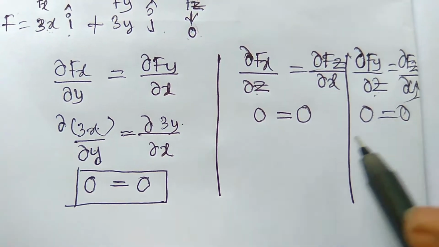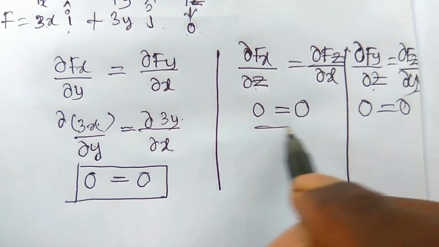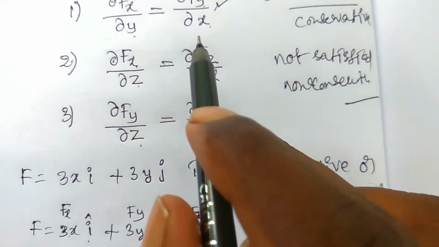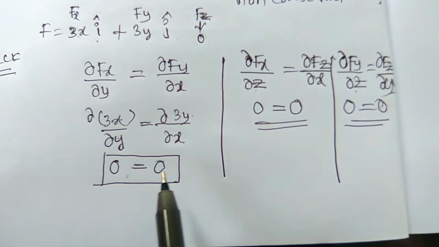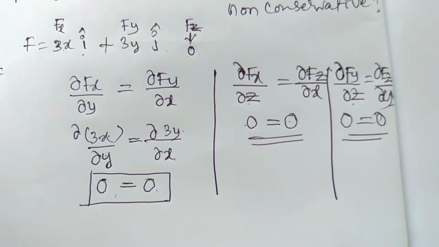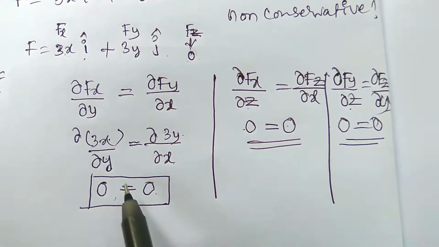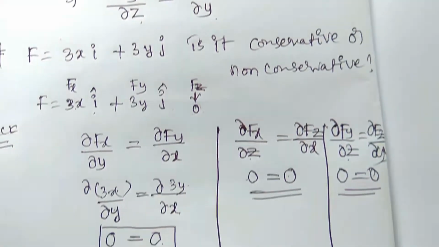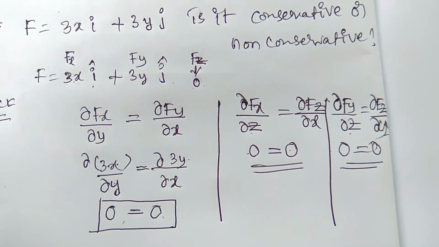So here all three conditions are satisfied, LHS is equal to RHS in each. You should not think that all zeros means conservative. That is not a correct assumption.